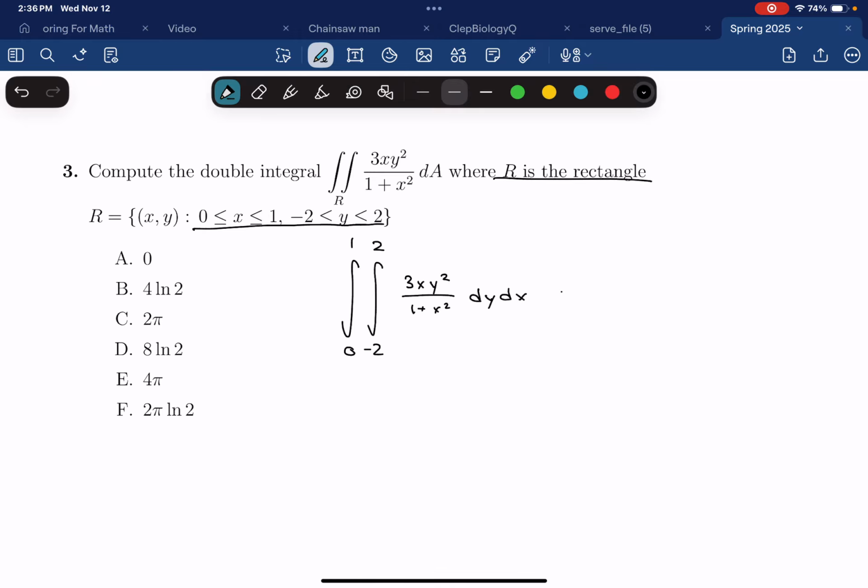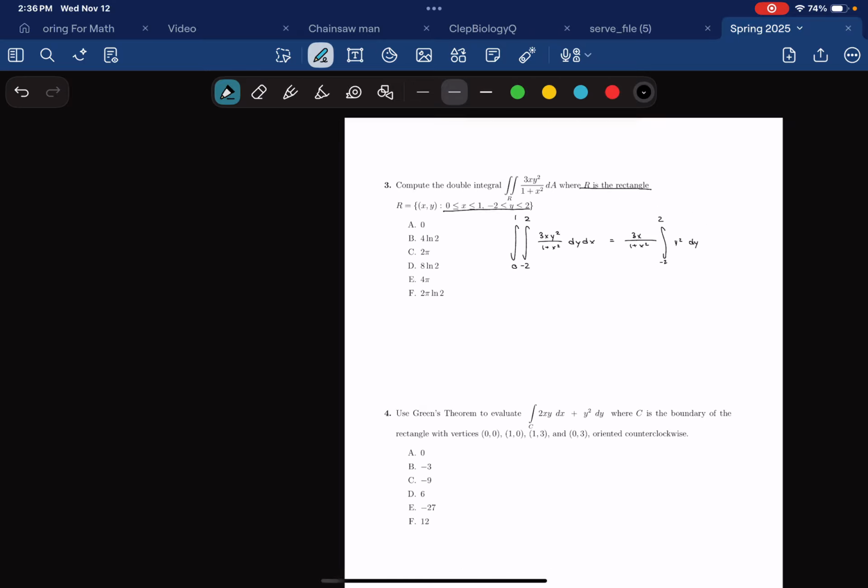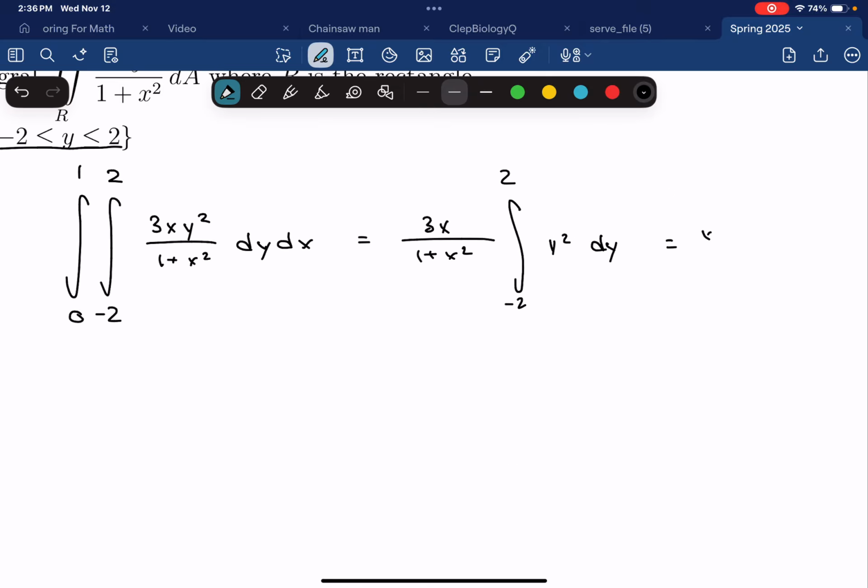So I'm going to take the 3x over 1 plus x squared out, then integrate from -2 to 2 of y squared dy, which simply returns you y cubed over 3, from -2 to 2, which gets you 8 over 3 minus -8 over 3, which gets you 16 over 3.